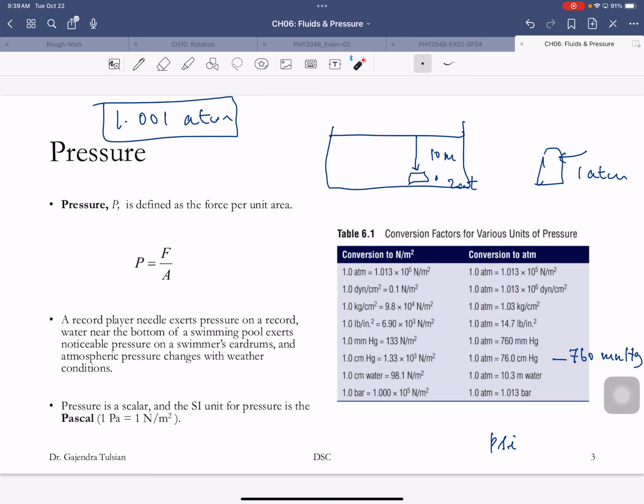So you want to be familiar with these numbers. 1 atmosphere is 10 to the power 5 newtons per square meter, or 10 to the power 5 pascals. 1 atmosphere is 15 pounds per square inch. 1 atmosphere is 760 millimeters of mercury, and 1 atmosphere is 10 meters of water.